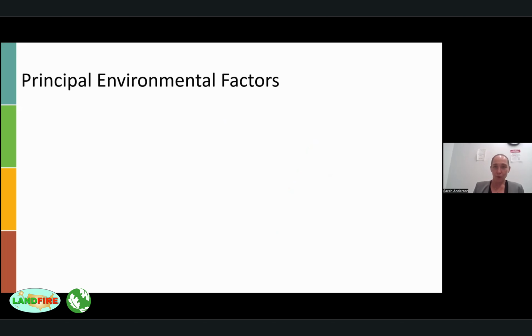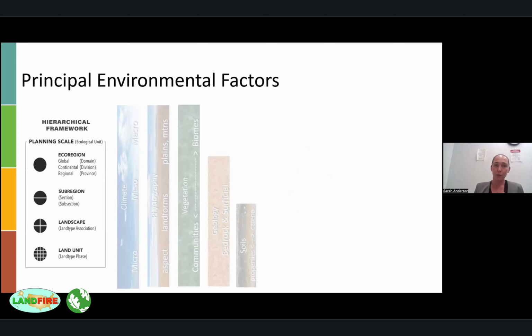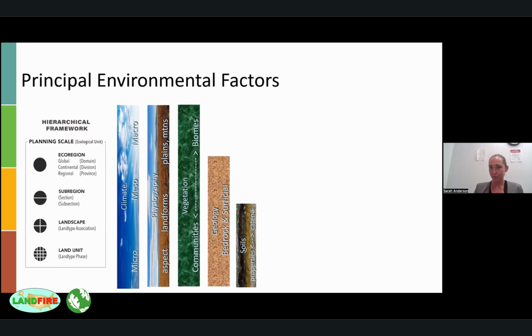And so what distinguishes these different ecological units across these different scales really comes down to thinking about our principal environmental factors and how they vary at a macro scale, more of a meso scale, and then ultimately at the micro scale.